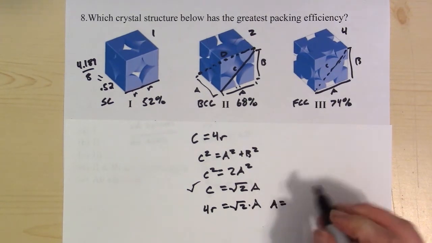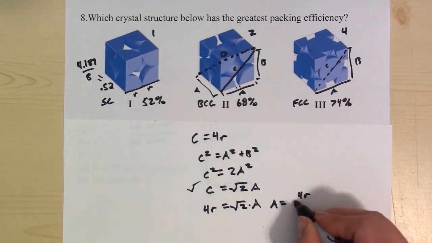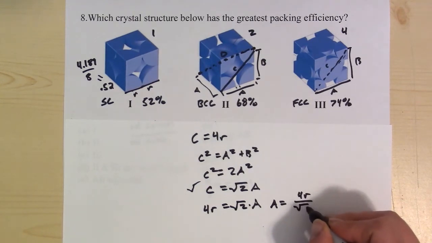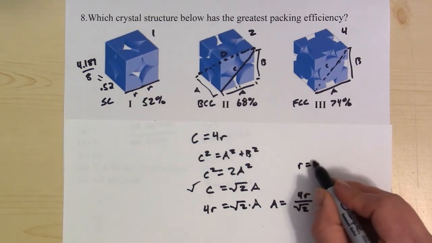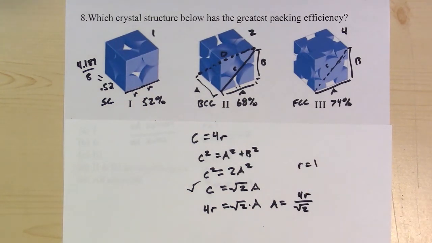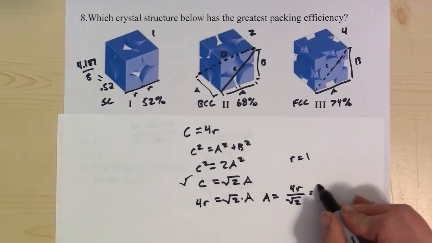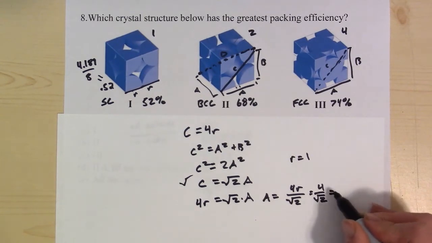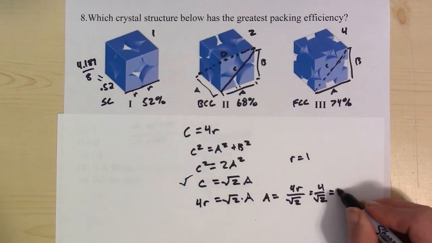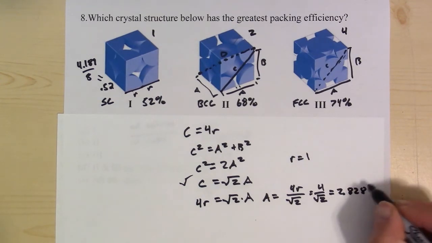So A is equal to 4R over the square root of 2, where R, again, we're keeping as just equal to 1 to make our calculation simpler. So there it's going to be 4 over the square root of 2, and that is equal to 2.828.